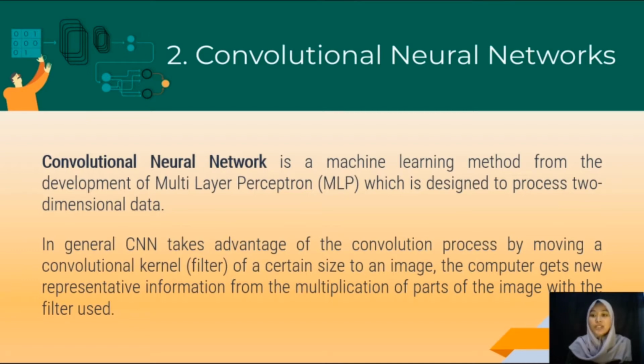The computer gets new representative information from the multiplication of parts of the image with the filter used. In other words, convolutional neural network is a widely used neural network architecture for computer vision related tasks.